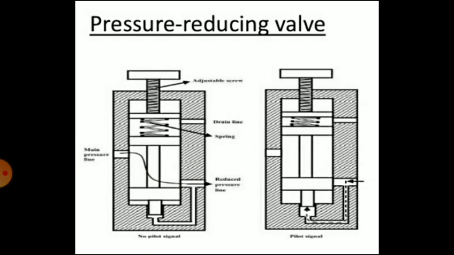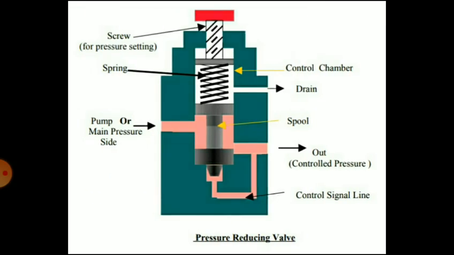Now next is the pressure reducing valve. The function of a pressure relief valve is to limit the pressure in a complete system to a given level. The task of a pressure reducing valve is to reduce the pressure in a particular branch of the circuit to a different level, as demanded by the consumer in that branch.